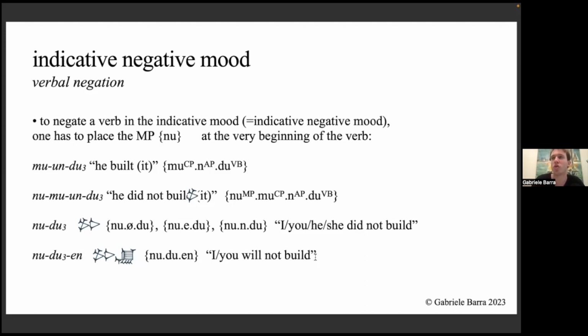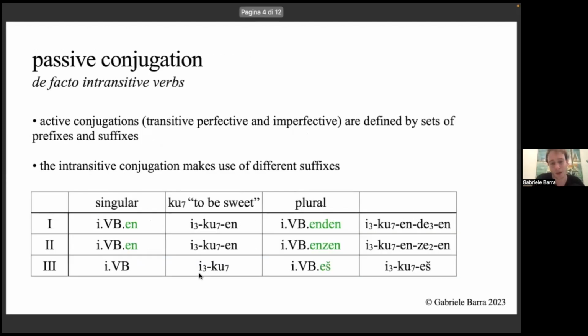But yes, the vowel usually does not change, though sometimes it does. It depends on the area and the time period, but usually it doesn't. Although the i3 is almost never written when you have a nu. Right. So thank you for the question.